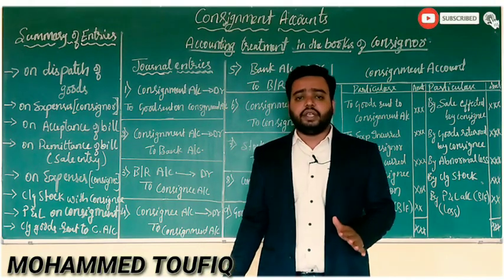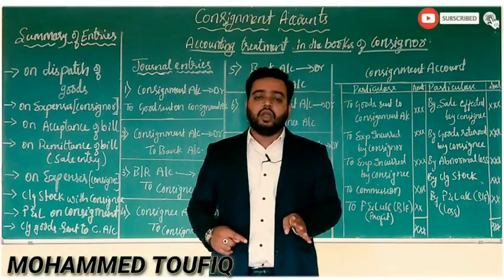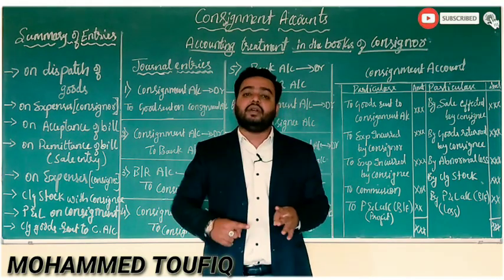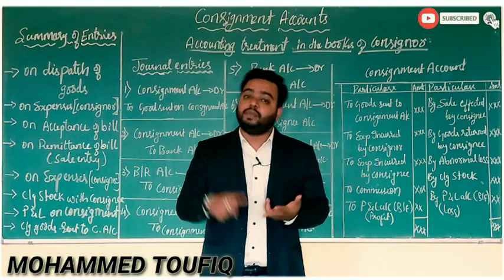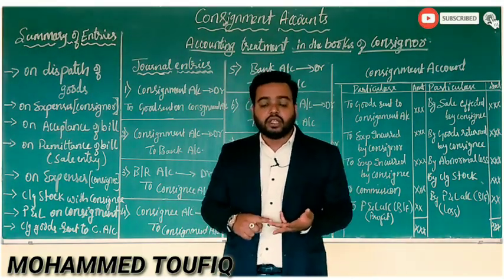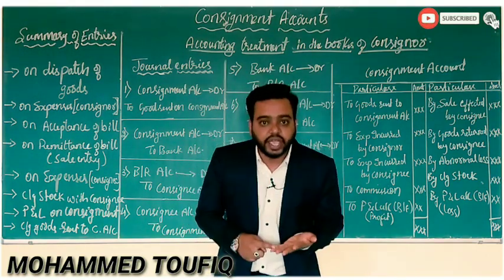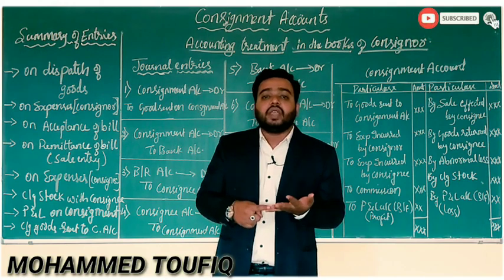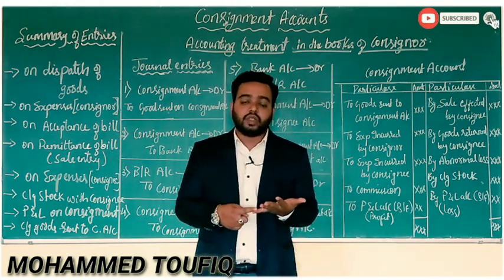In these 9 general entries, you record the goods which are sent, the expenses paid by the consignor, and the expenses paid by the consignee. If any bill is made, that bill entry will also be recorded. If any remittance of a bill has been done, that entry will also be recorded.